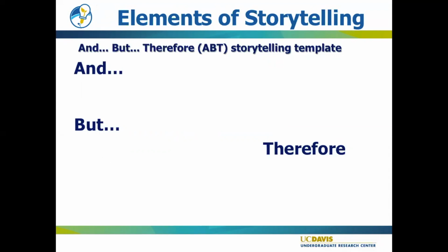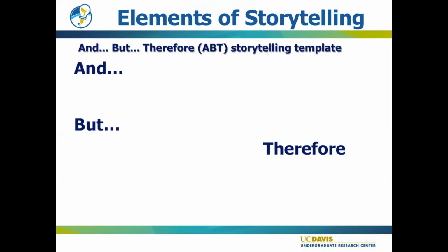Once you've built that base of information that your audience needs in order to understand the background of your story, you then introduce a problem or some sort of scenario that needs to be addressed. And that is the B, the but part of the template. So you have all this background information, but no one has ever studied this, this, and this.